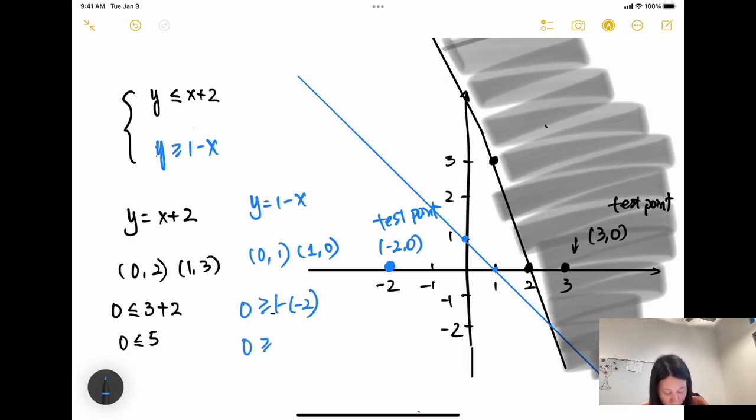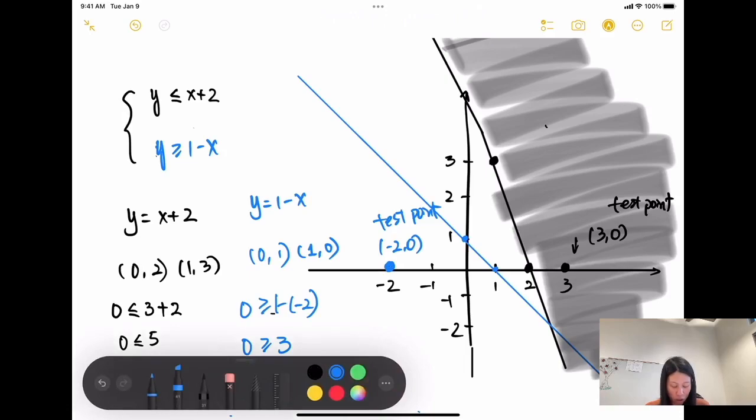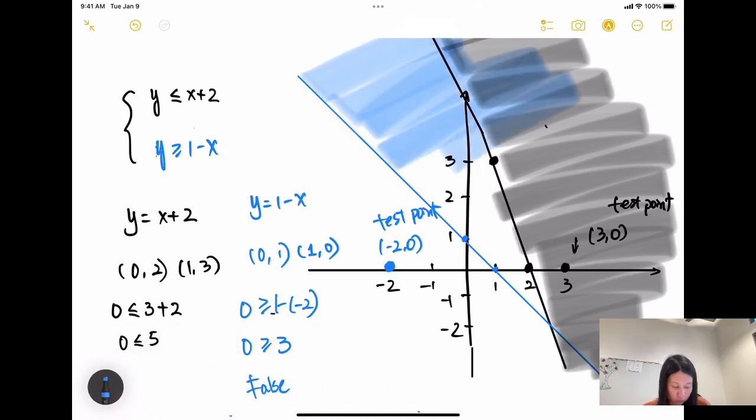So I have 0 greater than 3. This is false, right? This is a false statement. That means we cannot choose the area containing this point, so it should be in here.